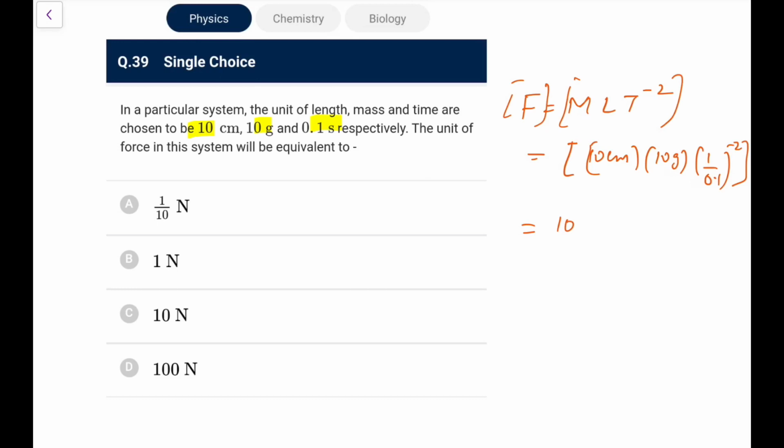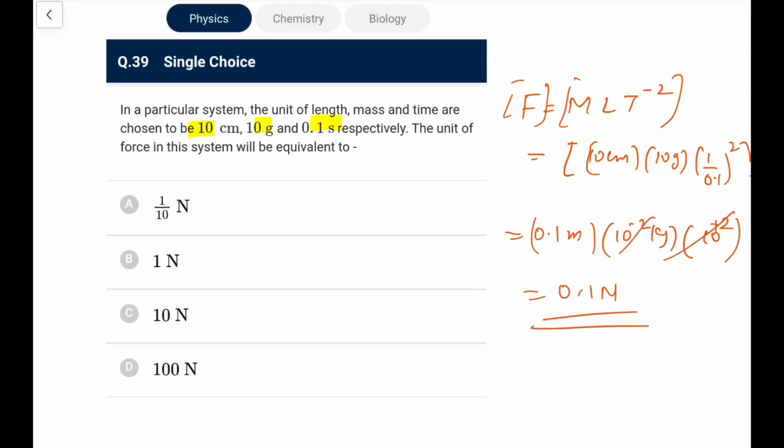So it would be 10 into 10 to the power minus 3 kg, and 0.1 meters, this will become 10 to the power minus 2 kg. And for time, because it is 0.1, 1 upon 0.1 would be plus 2, I had written it wrong, so it would be 10 to the power plus 2. So this would be 0.1 Newton in the SI unit, so 1 by 10 Newton, you can go for option A.